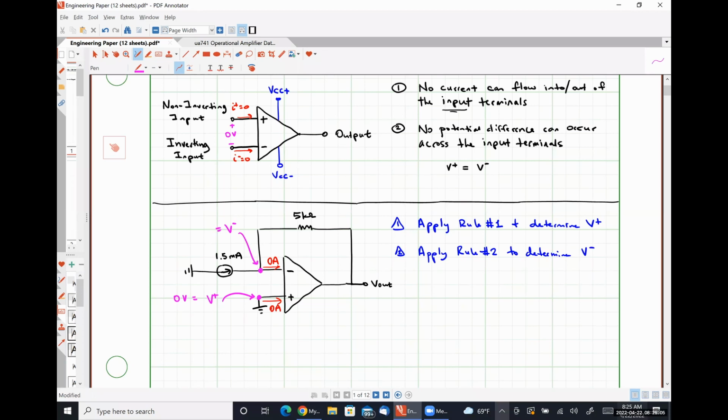If V plus was 0 volts, what does V minus have to be? 0 volts. So in this case, our inverting input node is effectively serving as what we would call a virtual ground in our circuit. It isn't actually ground, but it serves that role for effectively the top half of the circuit.